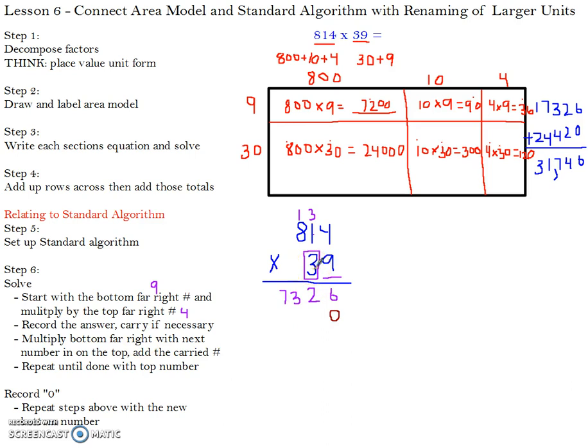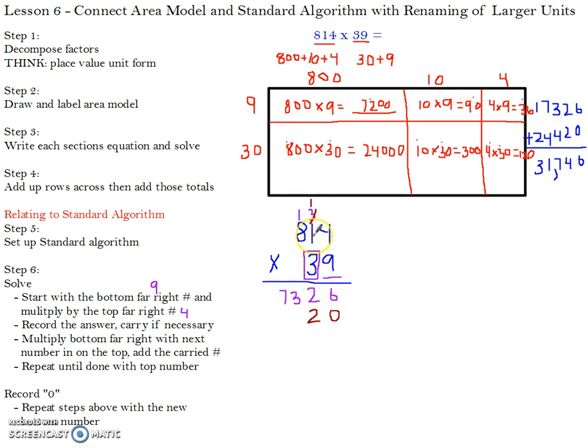So I'm going to multiply 3 times that far right number 4, which is 12, and I'm going to record my answer and carry if necessary. And since I can't write 12 here, I have to record the 2 and carry the 1. Oops, I forgot to cross out these numbers. You want to remember once you use those numbers to cross them out so you don't get confused when you go back.